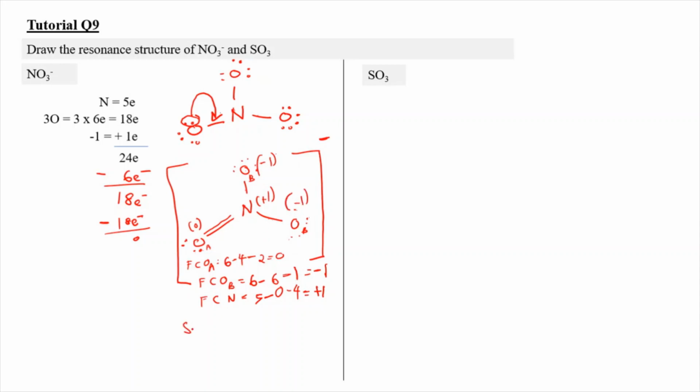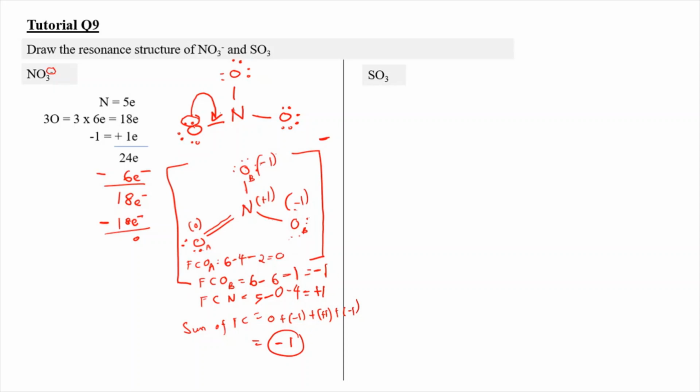The summation of formal charge is 0 plus minus 1 plus positive 1 plus minus 1, so the overall charge is negative 1. That is why my summation of formal charge is equal to the charge of the polyatomic ion.